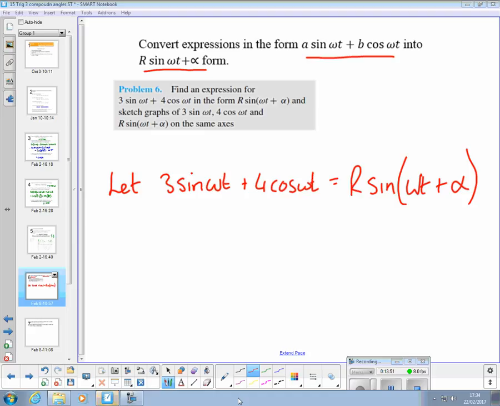So the first thing to do is say we're going to let them be equal to each other. Alright?